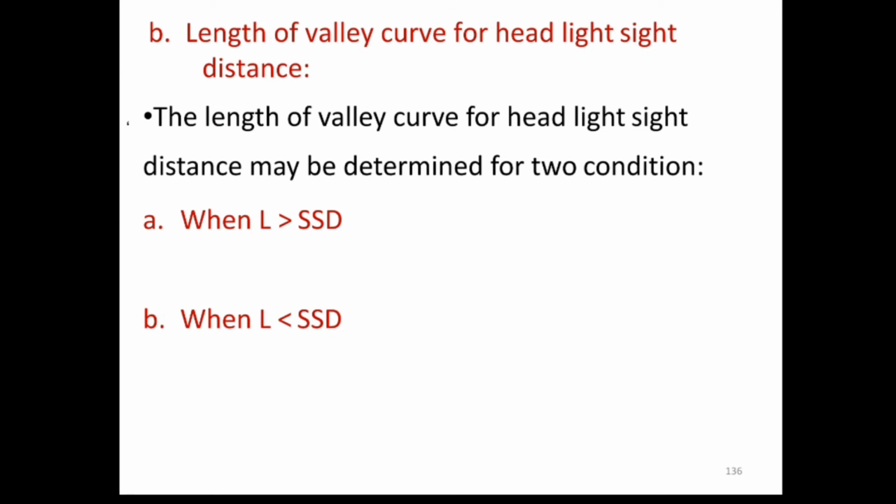Second, the length of the curve for the headlight sight distance. The length of the curve for a headlight sight distance may be determined again by two conditions. First, when L is greater than the stopping sight distance, and when L is less than the stopping sight distance.